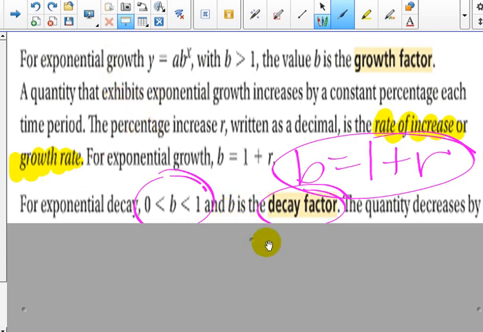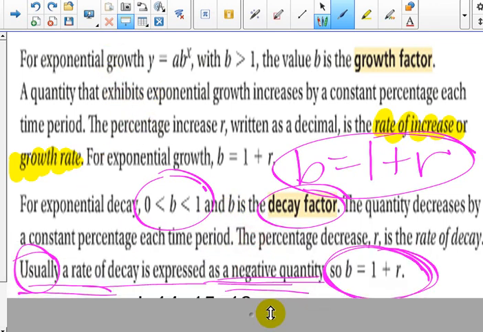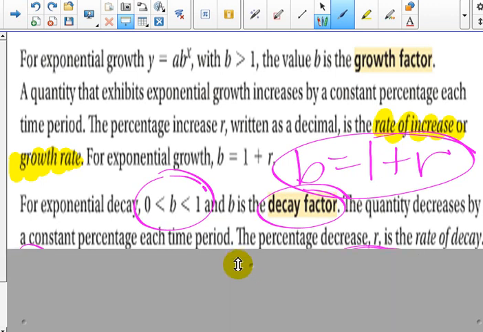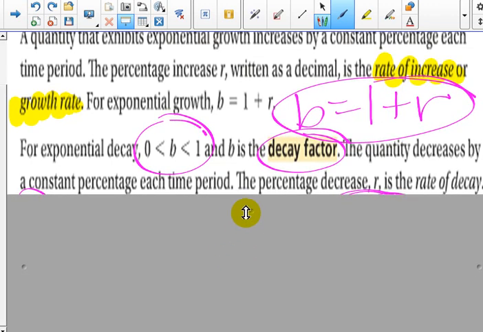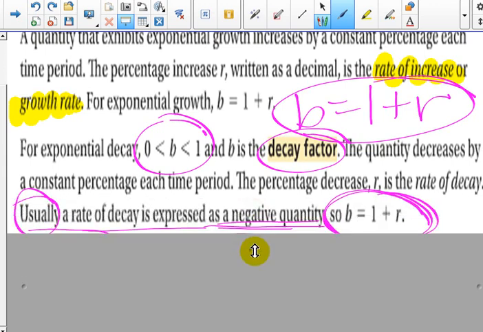So let's look at how to use these. The percentage decrease is r. That would be called your rate of decay. If you've got a growth, it's a growth rate or rate of increase. If you've got a decay, the r value becomes the rate of decay or the percentage decrease.